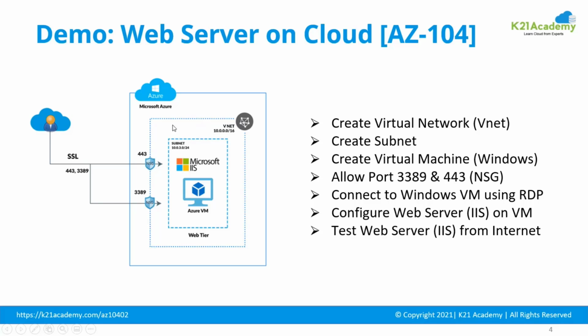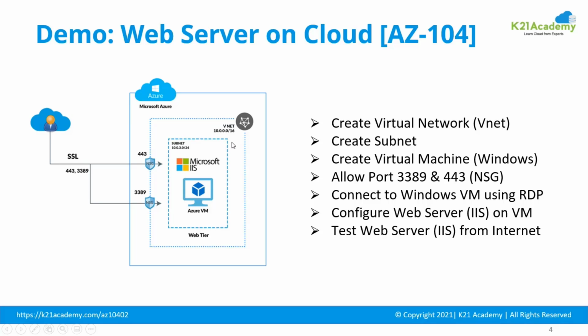And that network is then further broken down into smaller parts we call subnets. A subnet is always a subset of my virtual network. So I'll be creating a subnet inside that, with CIDR /24, meaning the first 3 octets, 10.0.3, are going to be static, and within this subnet I can use from 0 to 255, so 256 IPs are available for me.